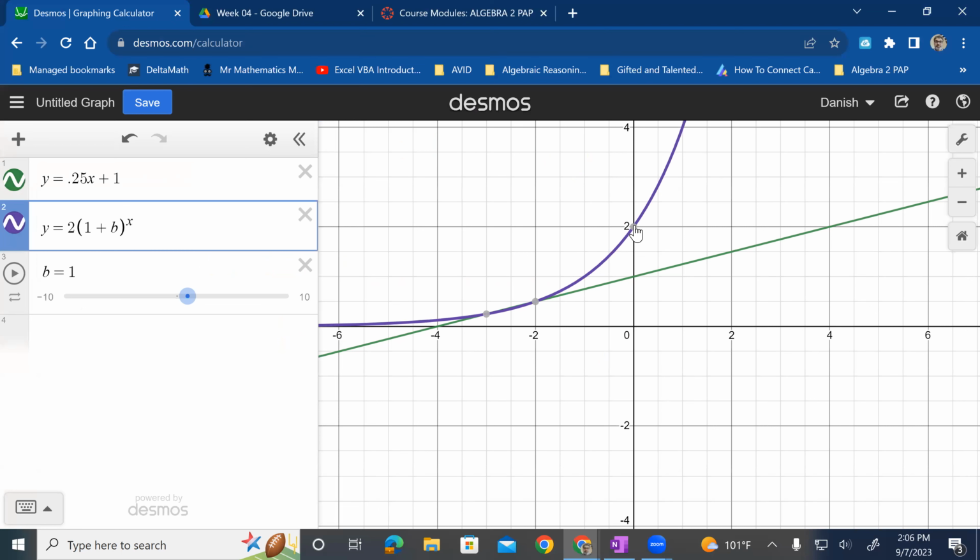Here, does it not look like the same thing? This formula, y equals a times 1 plus b raised to power x, is a growth.